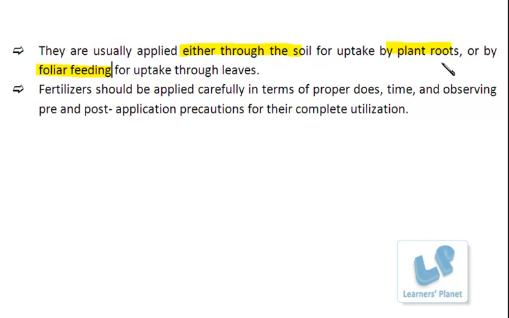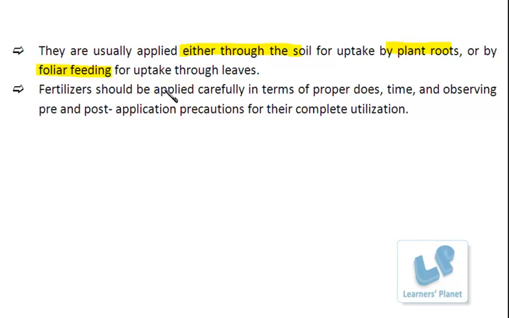And then of course through the different types of tissues, through different mechanisms, they are supplied to the upper part of the plants, and thus they can promote the growth of the plants. Then comes foliar feeding. Foliar feeding means spraying it over the leaves. So directly by this method, these materials are taken up by the leaves. So this is how they are applied to the growing crops.